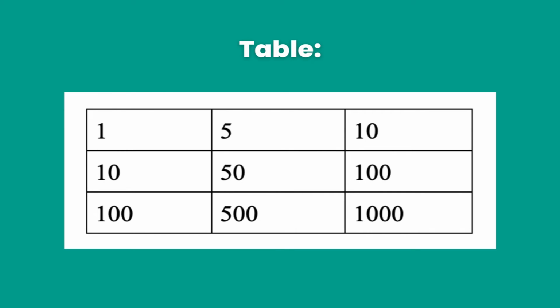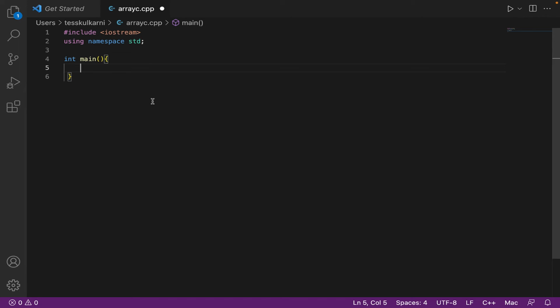So let's go ahead and use this information to declare the first part of the two-dimensional array. So, using the syntax that I showed you, you know that first I would type the type of data stored in the table, which is integers. So I will write int. Next, I will give the two-dimensional array a name.